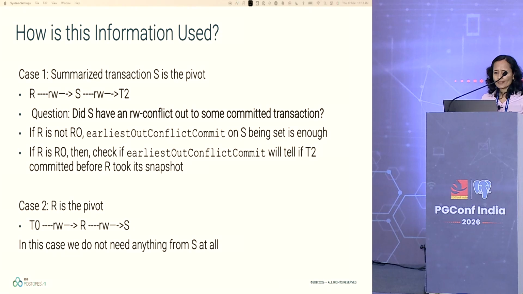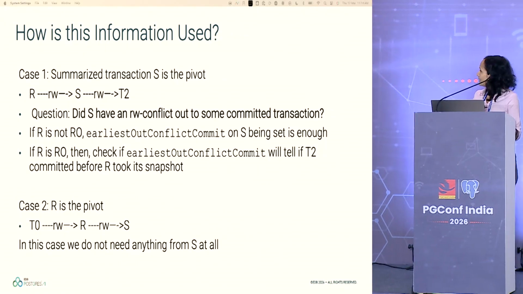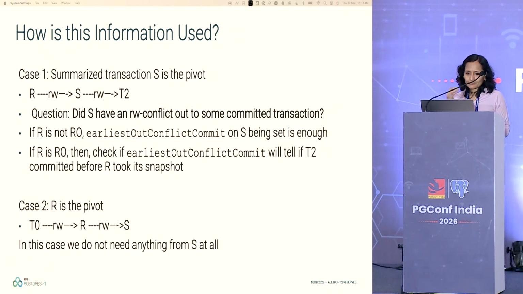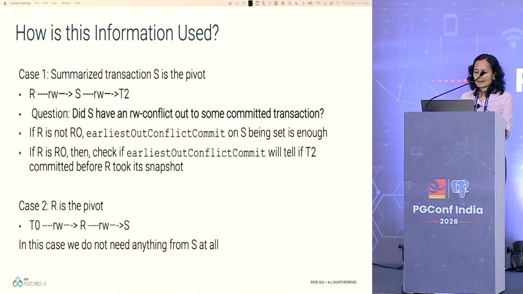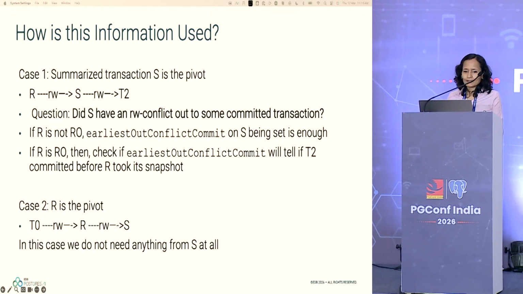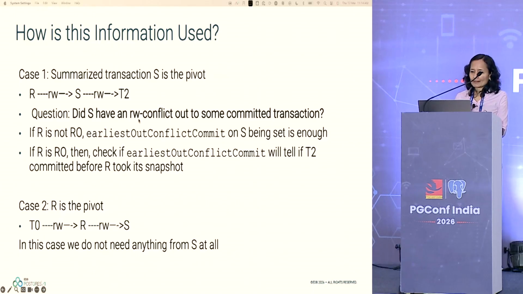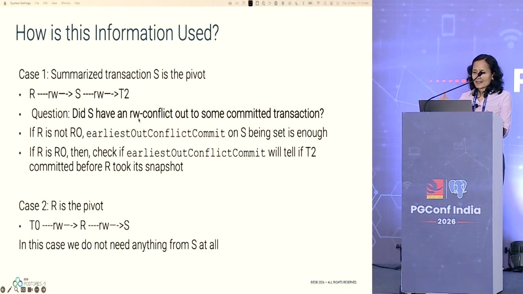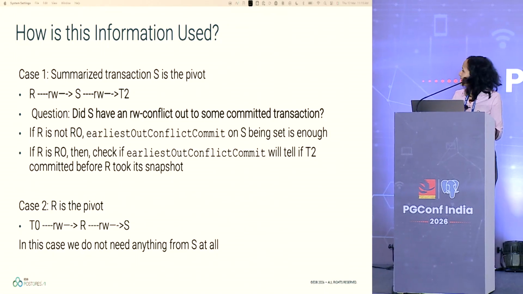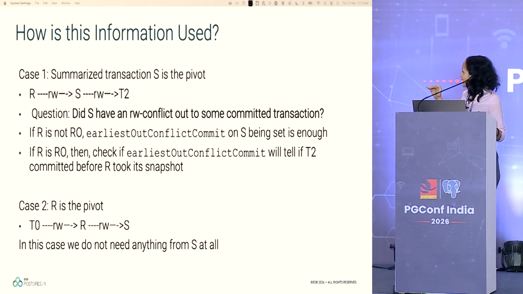So basically, R represents a transaction, S is the summarized transaction. Whenever we encounter a dangerous structure, if R, did S have an RW conflict out to some committed transaction, and if R is not read-only, the earliest out commit conflict on S being set is enough.